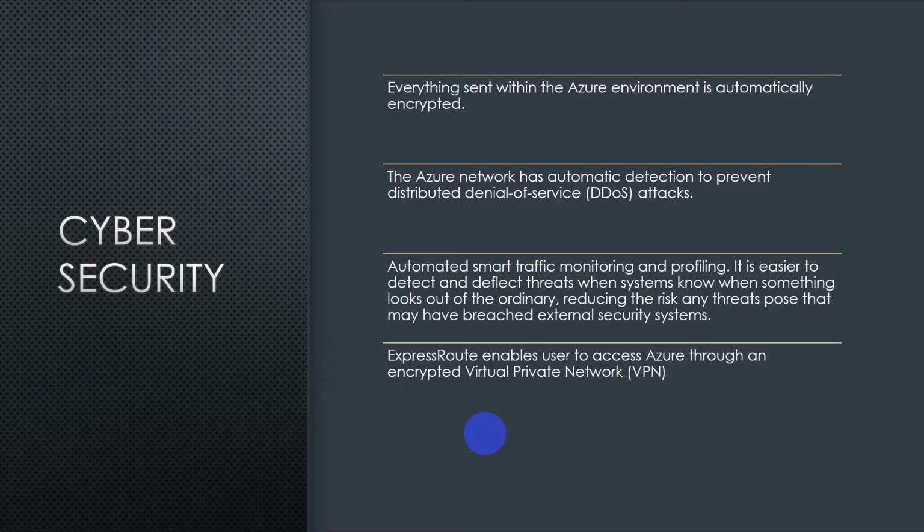ExpressRoute enables users to access Azure through an encrypted virtual private network, VPN. So it is recommended that if someone is traveling or using it outside of a usual private network, they should use a VPN, and Microsoft Azure has ExpressRoute that enables the user to use a VPN built in Microsoft Azure.